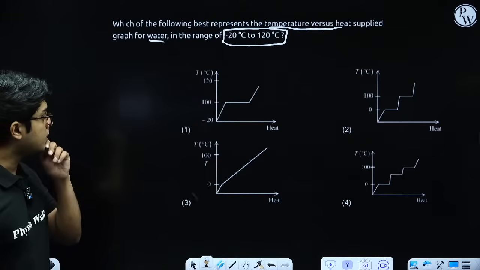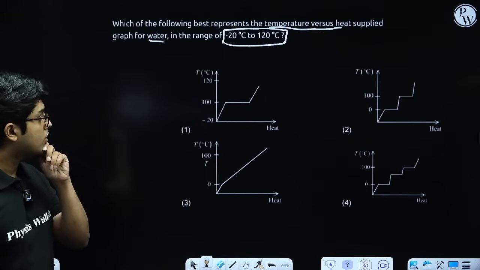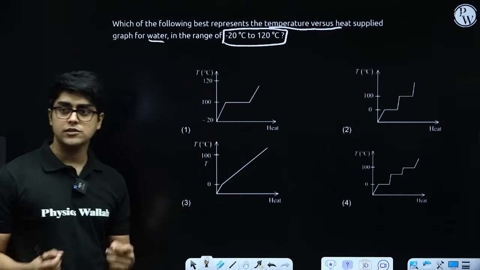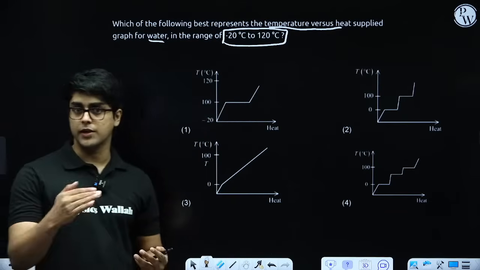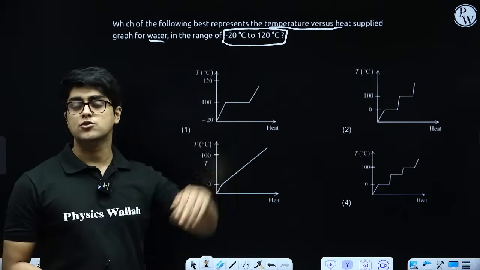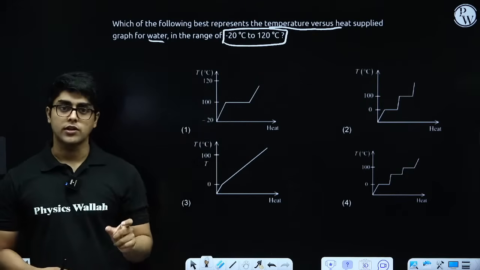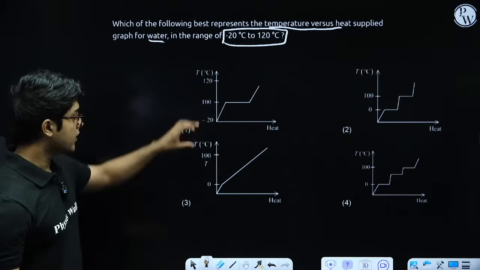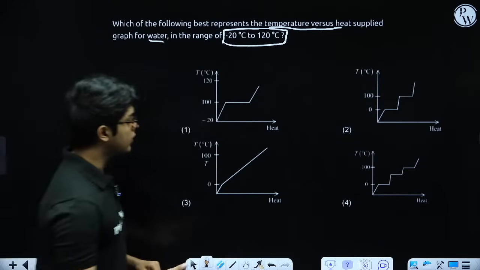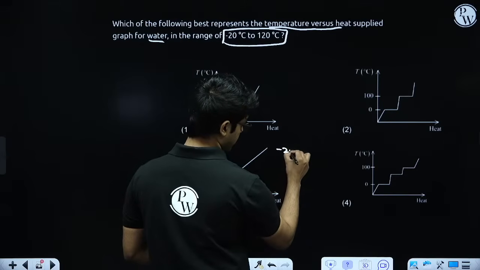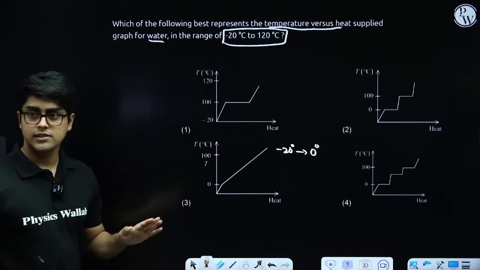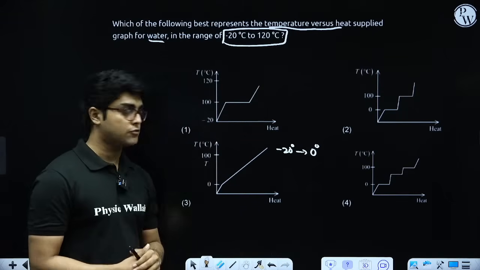Okay, so the first part is, we start from -20. At -20 degrees Celsius, or any temperature below 0 degrees, right? From -20 to 0 degrees Celsius, water exists as ice. Okay, so there is no other phase over there. So, when we go from -20 degrees Celsius to 0 degrees Celsius, the temperature of the ice will increase.